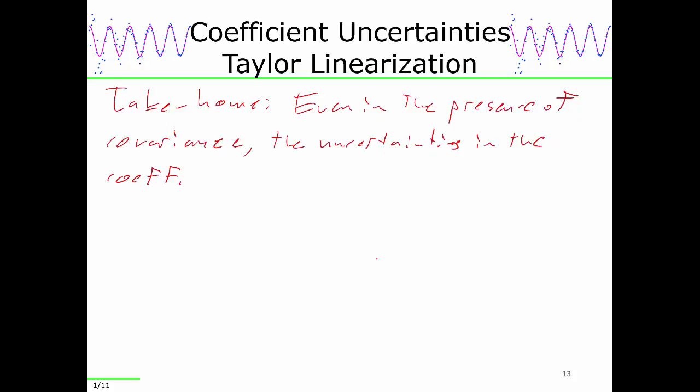Even in the presence of covariance, the uncertainties in the coefficients are given by the diagonal elements of alpha inverse. Is that assuming we've already diagonalized the matrix?